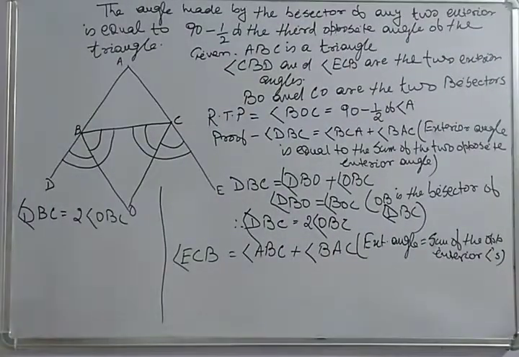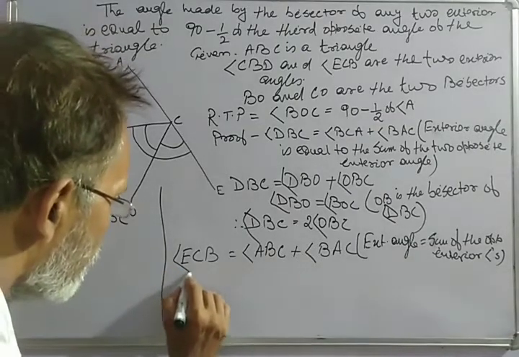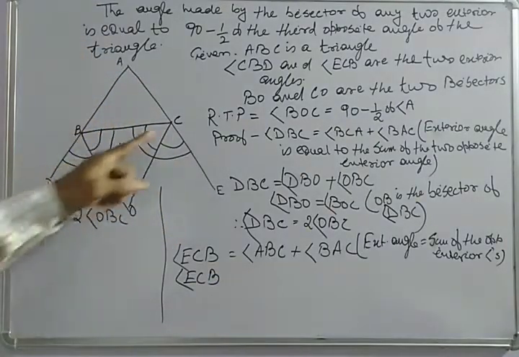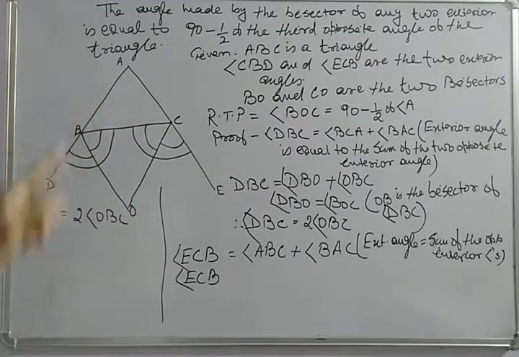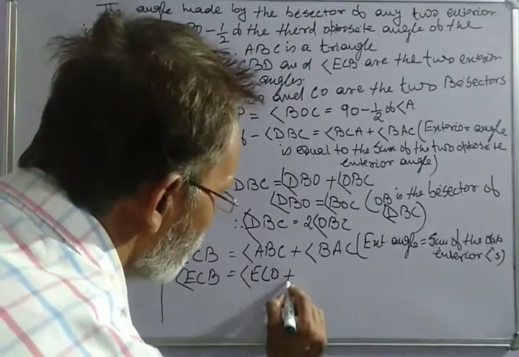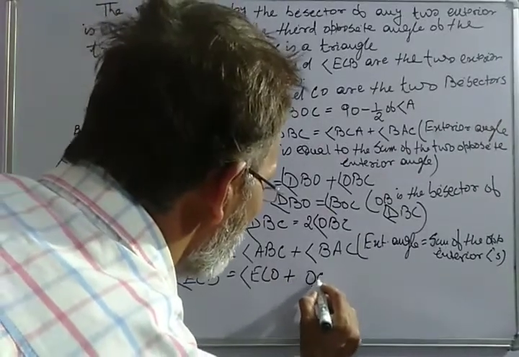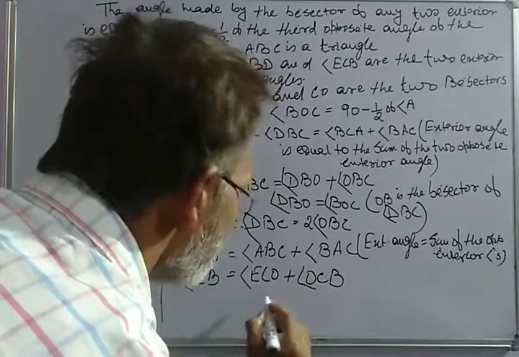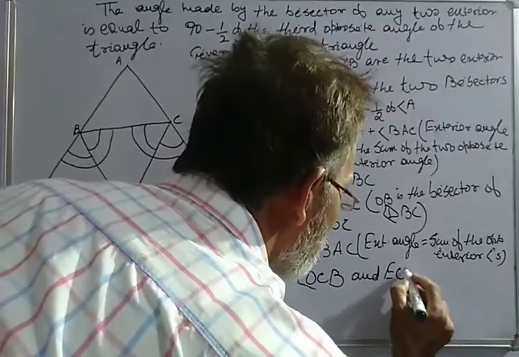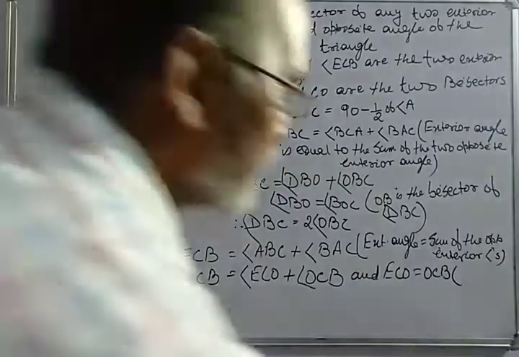So next I can write here ECB is equal to ECO plus OCB, and ECO is equal to OCB because OC is the bisector.